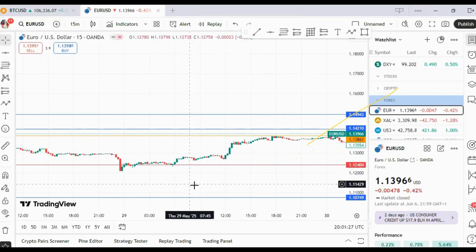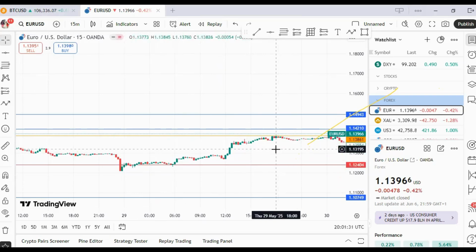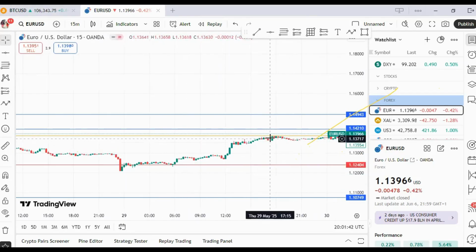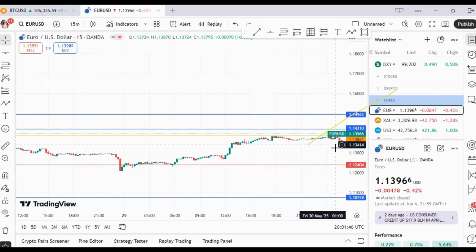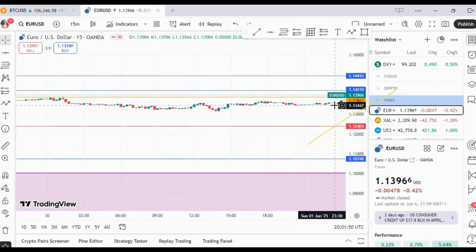Guys, please pay attention for entry. Whether you are trading your breakout or your pullback, once you notice that the market is consolidating in that particular price, just know that a rejection is coming. Now, guys, look at something here. The market kept on consolidating here, consolidating here, before it now started dropping.